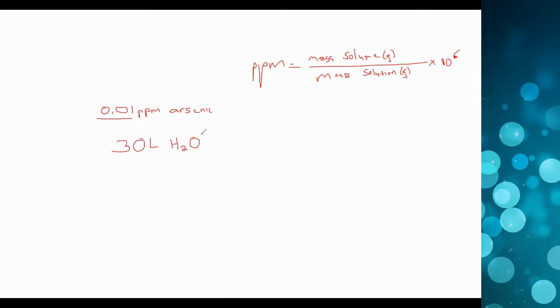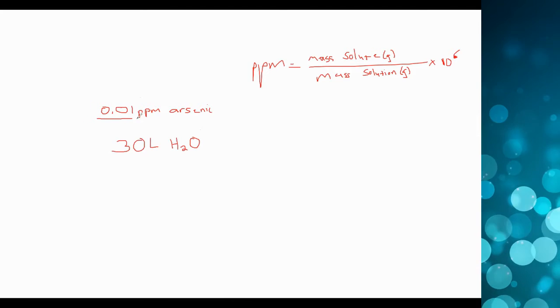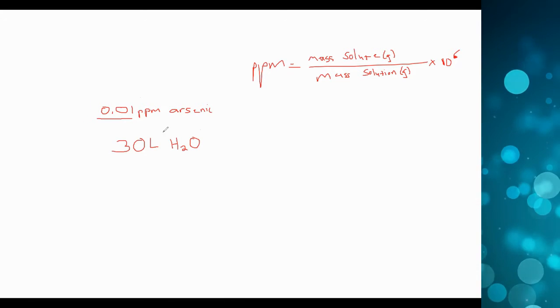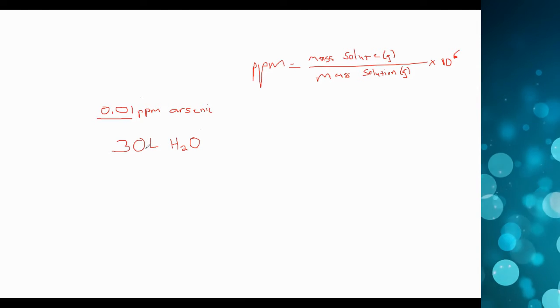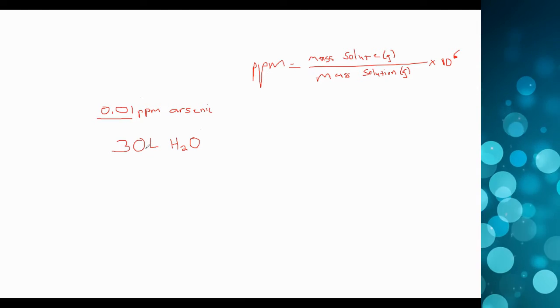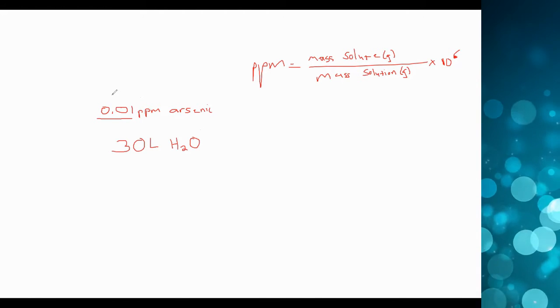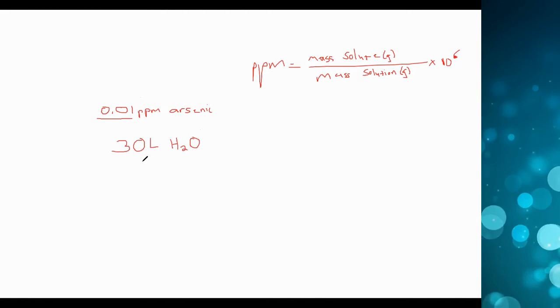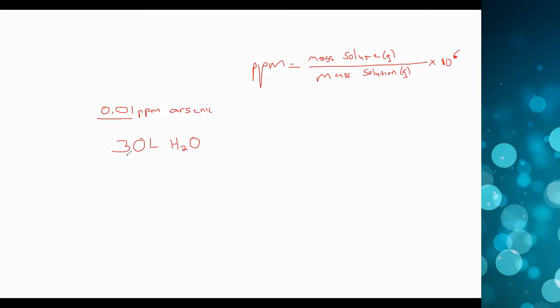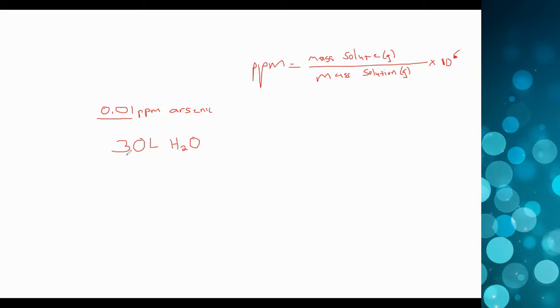So if we have 30 liters of water, what is the total amount of arsenic in grams that you could have in there before it becomes unsafe? Using this concentration and this volume, how many grams of arsenic can be in that 30 liters of water before it reaches that point?